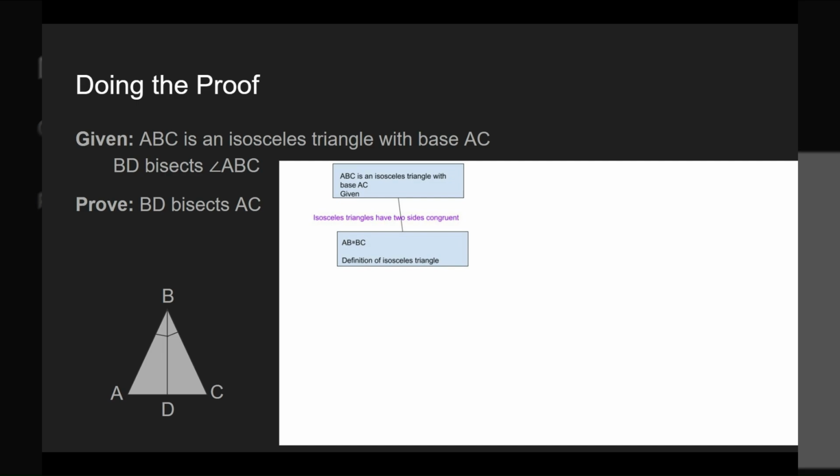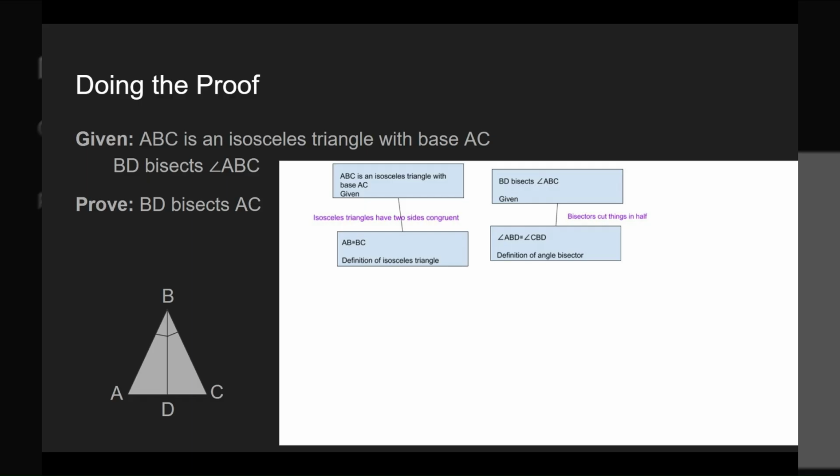That's about as far as we can go with that. So we'll grab our second piece of given information, which says that BD bisects angle ABC. We know that bisectors cut things in half. So that tells us that angle ABD is congruent to angle CBD by the definition of a bisector. That's about as far as we can go with that.